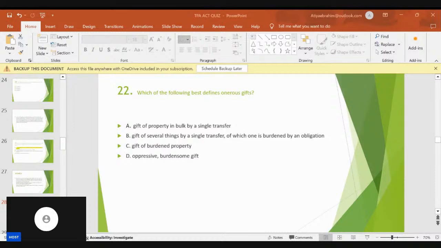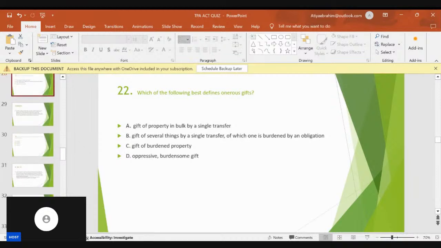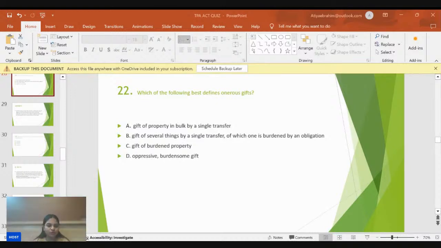Two students, come on, 22. The correct answer to 22 is... Tell me, where do you find this onerous gift section?